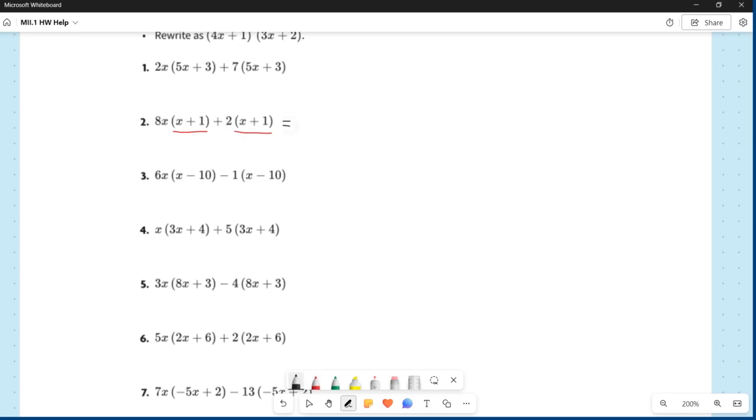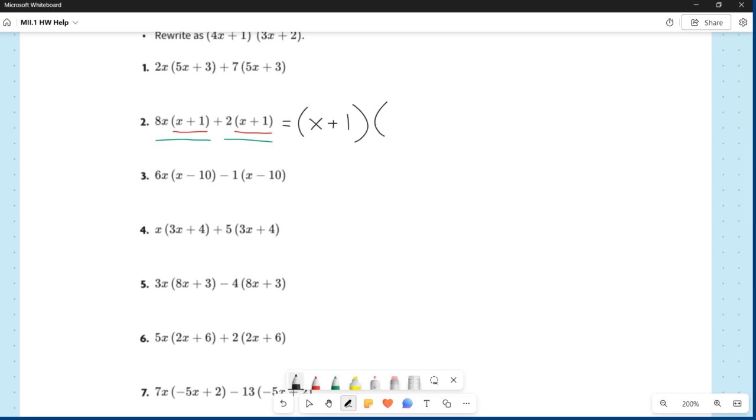And so when I factor that out, I start with what I'm factoring, what is common, which is x plus 1. And then my second binomial is what's left over in my first term and in my second term.